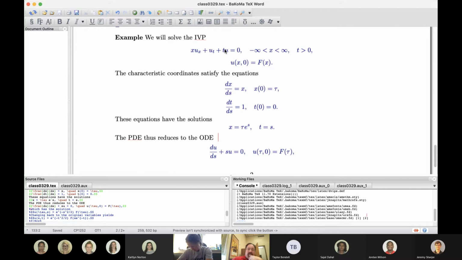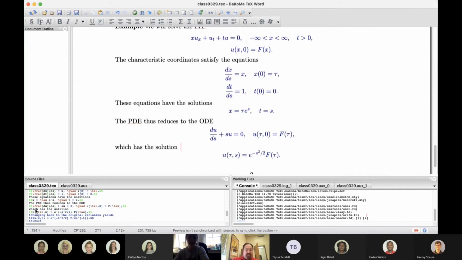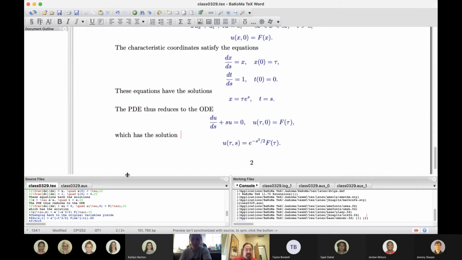So t has to be expressed in terms of s or tau, and that's what goes here. Now, a solution to that is this, and I want to show you why.